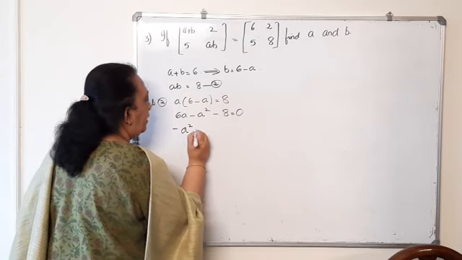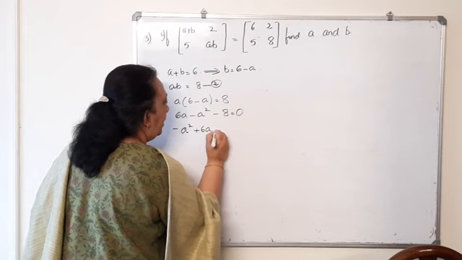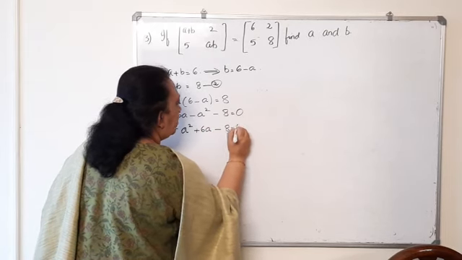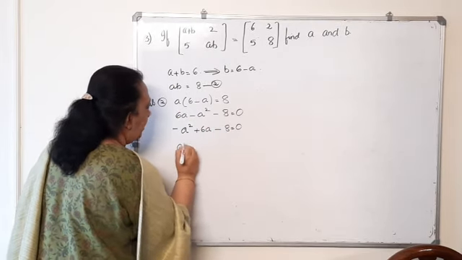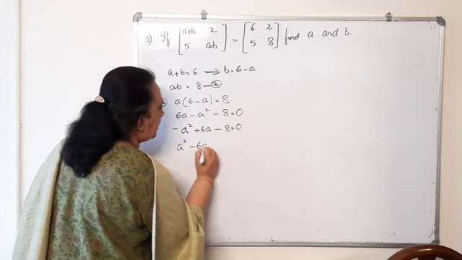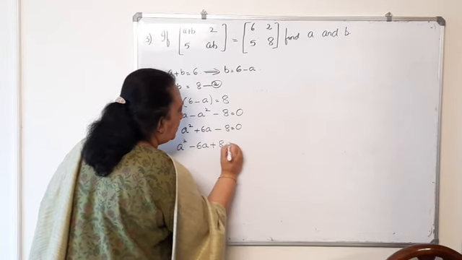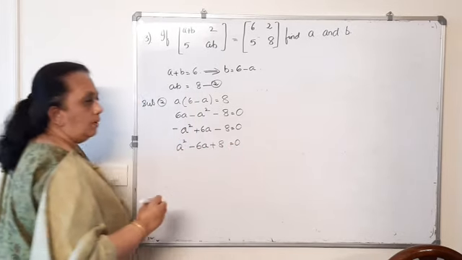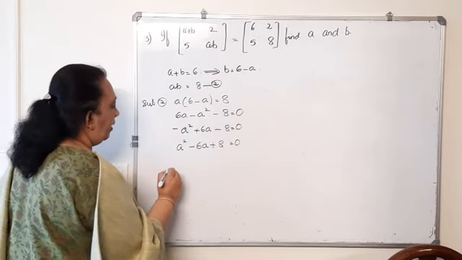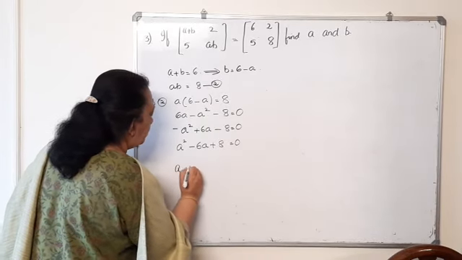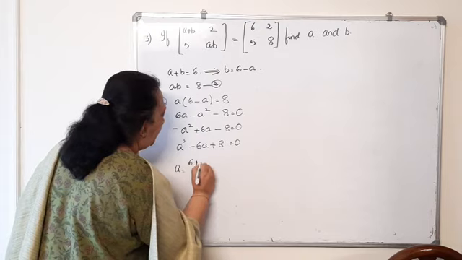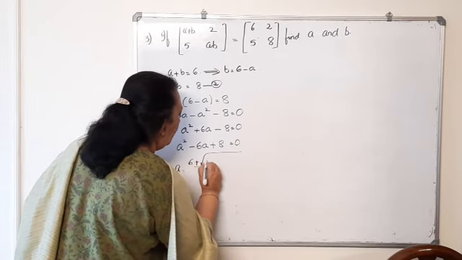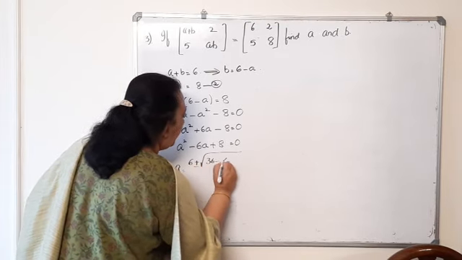Minus A squared plus 6A minus 8 is equal to 0, or A squared minus 6A plus 8 is equal to 0.